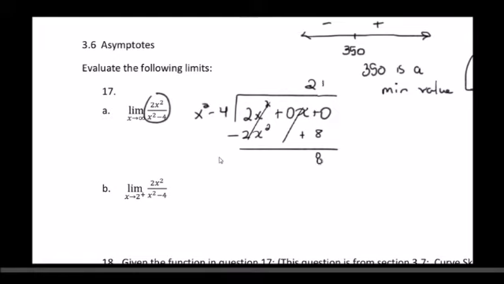So it's plus 8 over x squared minus 4. What we just did is rewrite the original expression. Instead of 2x squared over x squared minus 4, it becomes 2 plus 8 over x squared minus 4.